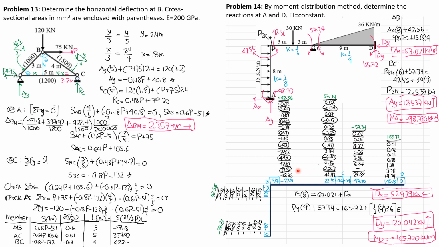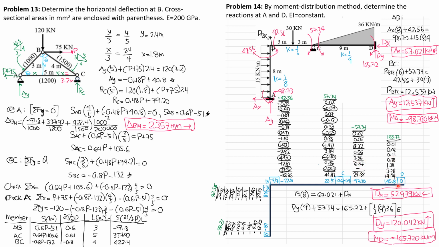So we again distribute this moment 22.41 times negative 4 over 7, negative 12.81 lakh. Then replace 4 by 3, it's negative 9.6 lakh. Then at C, negative 16.43 times negative 0.6, so 9.86 lakh. Replace 0.6 by 0.4, it's 6.57 lakh.